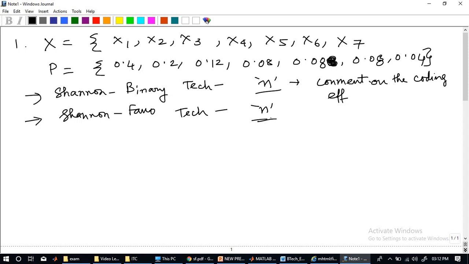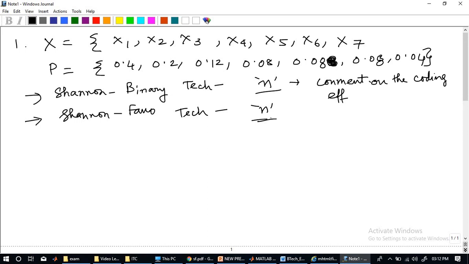I need the exact solutions for both these questions because it will be a unique solution. So it can't be multiple. Just go back, refer to the earlier days, how we have done it. For Shannon binary, we were dividing it into alpha 0, alpha 1, alpha 2, alpha 3 like that. In Shannon-Fano, the process was much simpler.